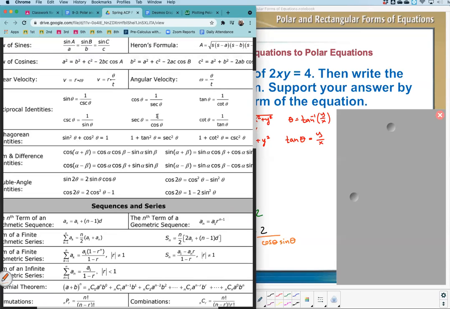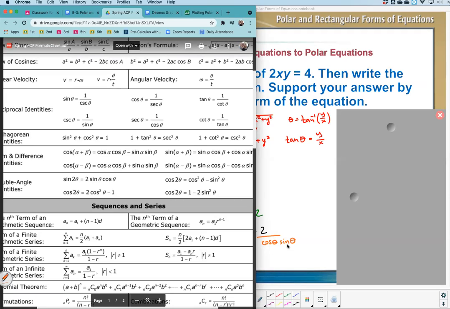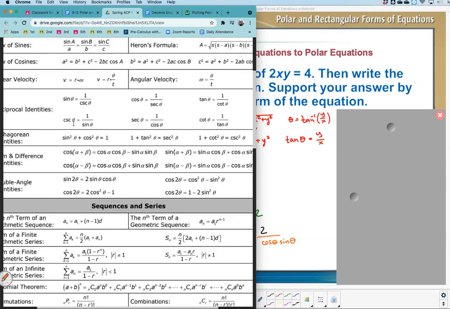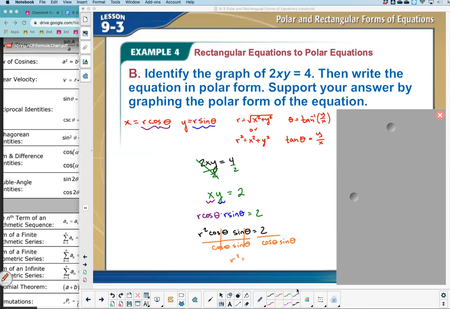Dividing by cosine is the same thing as multiplying by secant. And just the same with sine, dividing by sine is the same thing as multiplying by cosecant. So these are identities. So we could say that this is the same thing as 2, instead of dividing by cosine, multiplying it by secant, and instead of dividing by sine, multiplying it by cosecant. That's going to be my equation there.